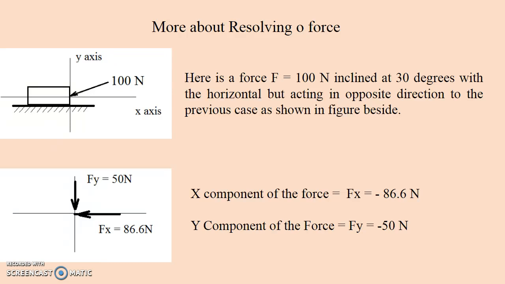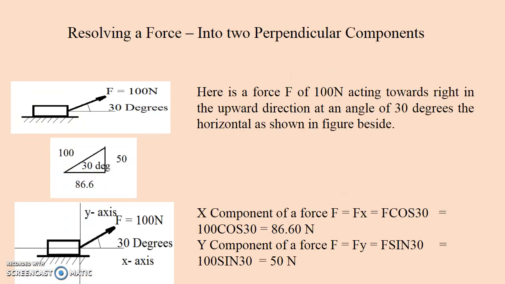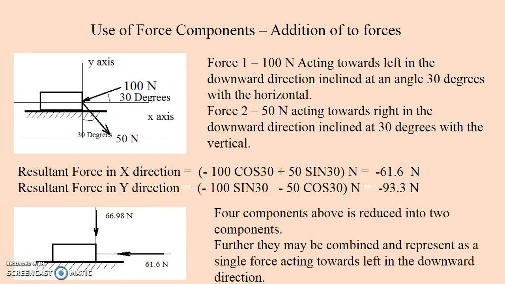We know that a force has both magnitude and direction. Suppose you're asked to add two forces acting in different directions, can you add them directly? No. Because, see here in this picture, a block is acted upon by two forces: a 100 Newton force acting towards left in the downward direction, inclined at 30 degrees with the horizontal, and another 50 Newton force acting towards right in the downward direction, inclined at 30 degrees with the vertical.